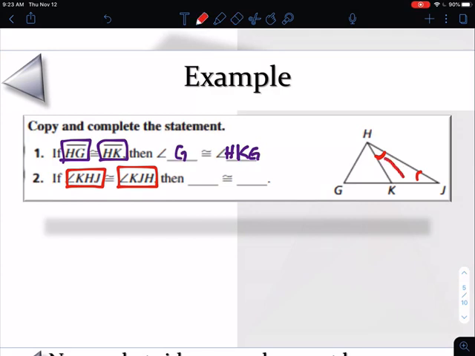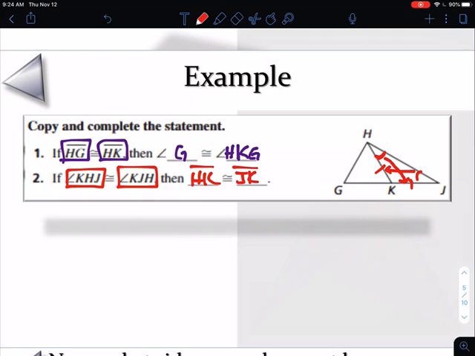So if I were to follow those angles across the triangle, I get these two sides where my arrows are pointing. So one side would be line segment HK, and the other side would be line segment JK. So because those two angles were congruent, those two sides must also be congruent.